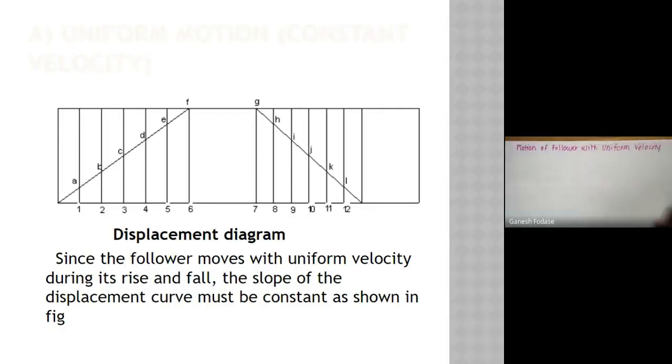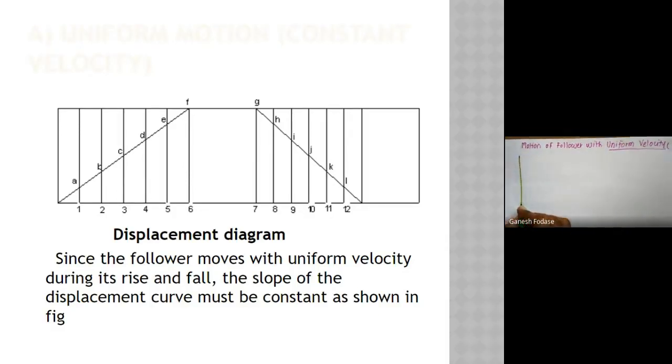So remember, first step in cam follower is to draw displacement diagram. So when velocity of the follower is constant, when it is moving with a uniform velocity, I can write in bracket, then how to draw a displacement diagram. So as I told you, in displacement diagram, your y-axis represents, yes, what y-axis represents?